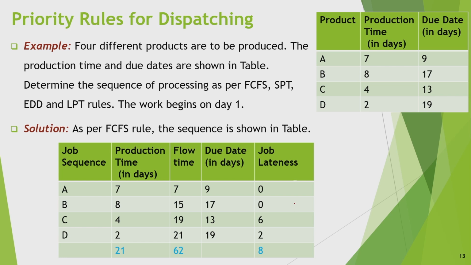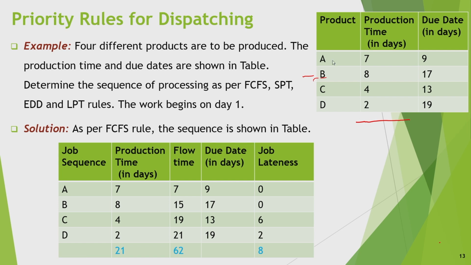Four different products are to be produced. The production times and due dates are shown in the table. I am taking the same example, but reproducing the table here. You are already seeing that the table is there.